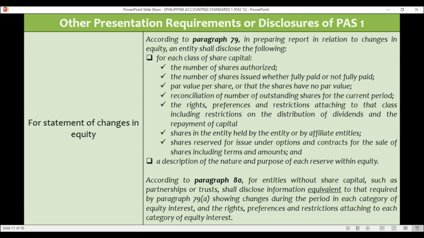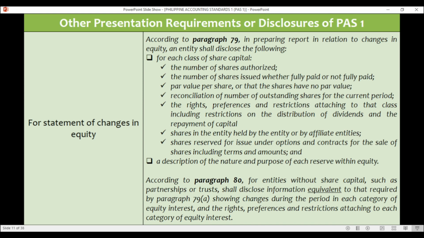Meaning the repayment of capital. Shares in the entity held by the entity or by affiliate entities, meaning the ownership interest of an entity from another entity. Shares reserved for issue under options and contracts for the sale of shares, including terms and amounts, and a description of the nature and purpose of each reserve within the entity.